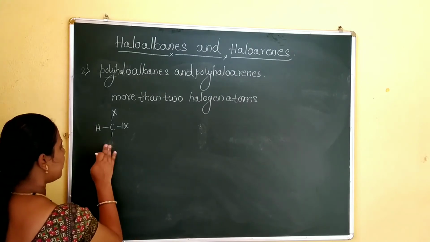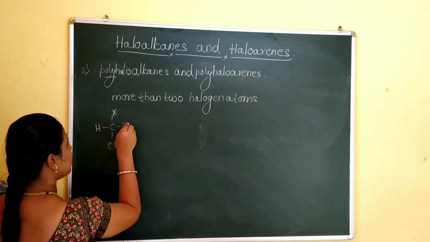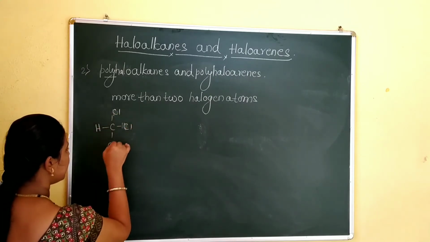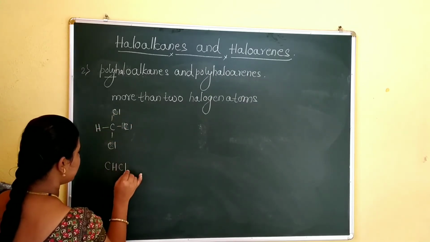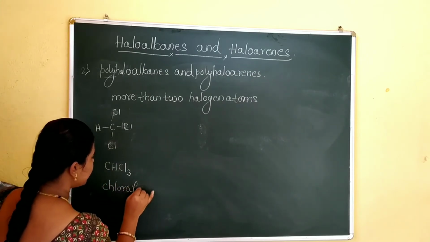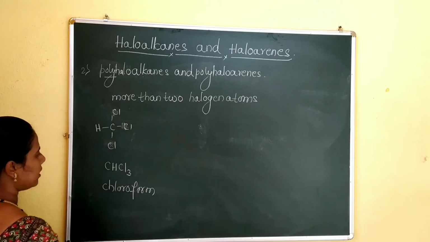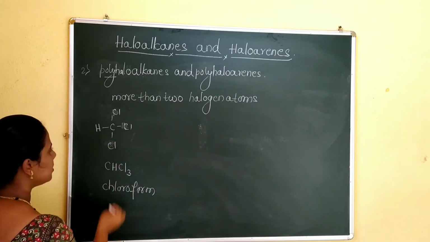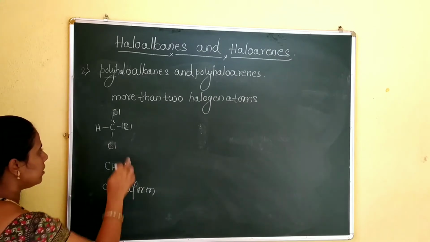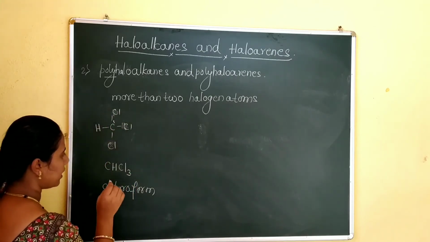See here, if I take chlorine as the halogen atom here, this is CHCl3. This is known as chloroform. This is the common name, but the IUPAC name of this compound is here. To the first carbon atom, 3 chlorine atoms are attached.